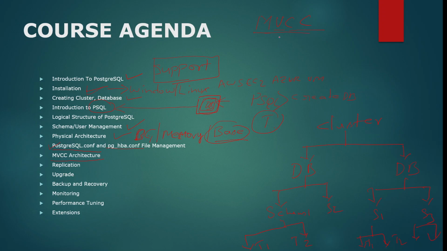While discussing MVCC architecture, I will also discuss ACID properties with respect to Postgres. ACID stands for atomicity, consistency, isolation, and durability. I will explain in detail with an example all these four properties of the PostgreSQL database.